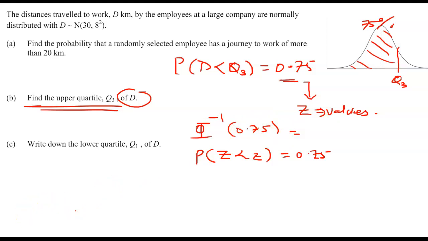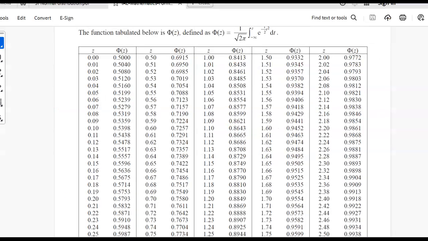We go on our tables now. When you look at the tables, I've been given the probability, that's the phi over here, so I'm looking for the Z value, the phi inverse. I come into these probabilities and look for the value 0.75.